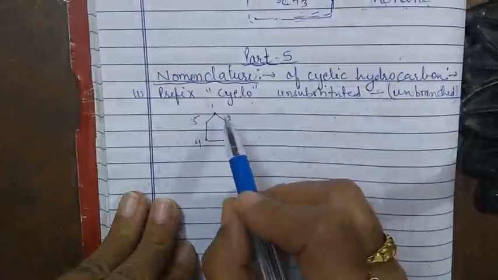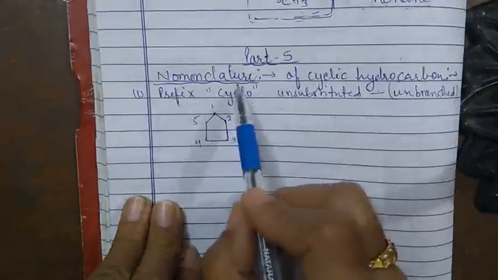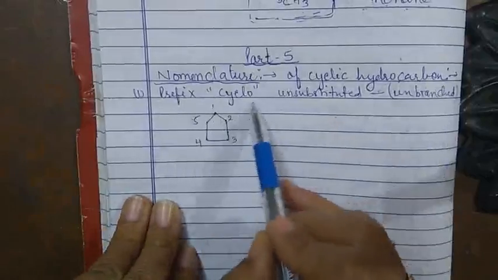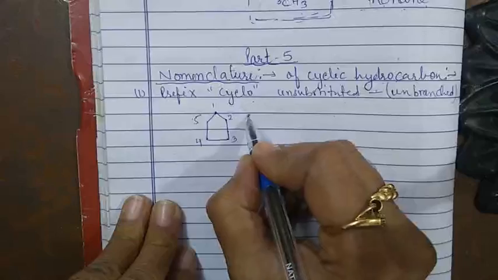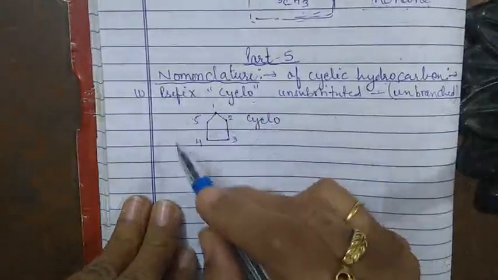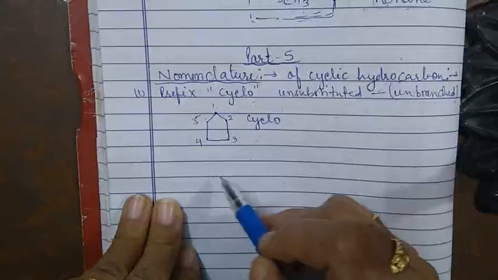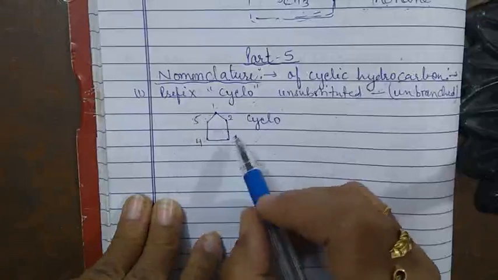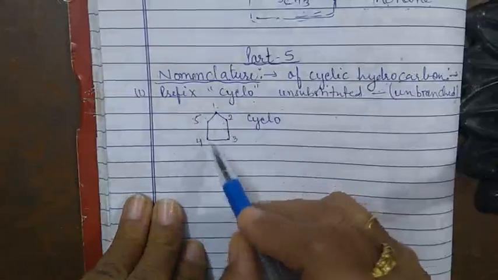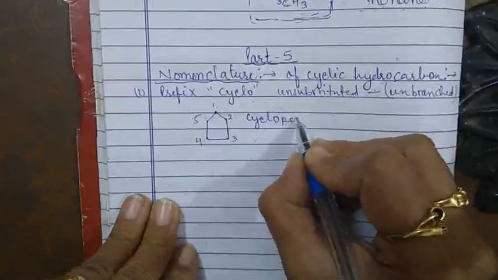Now to name the cyclic hydrocarbon, we use the prefix cyclo. How many carbon atoms are here? 1, 2, 3, 4, 5. So 5 carbon atoms are here, and all are connected with a single bond. No double bond is seen here. So it is pentane.